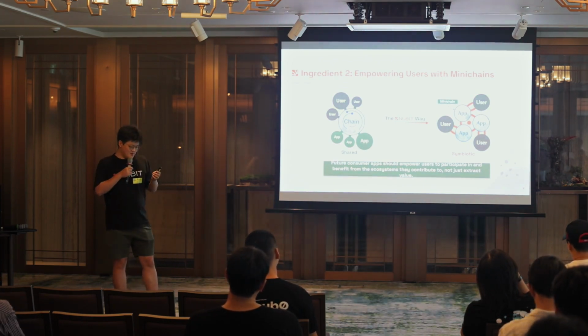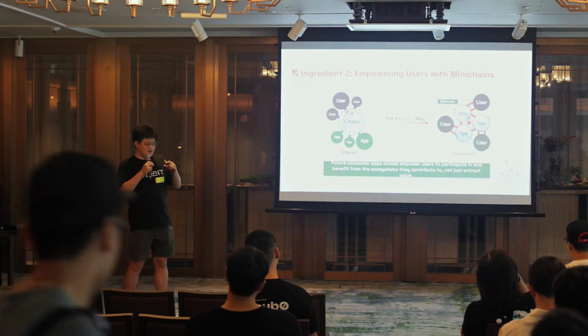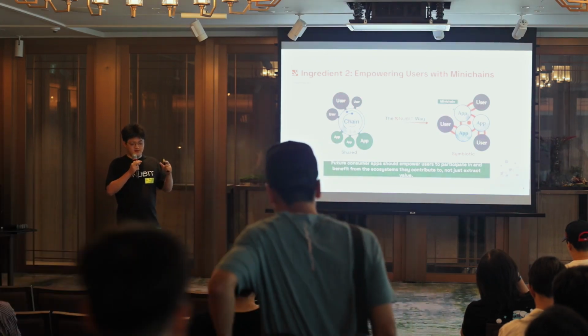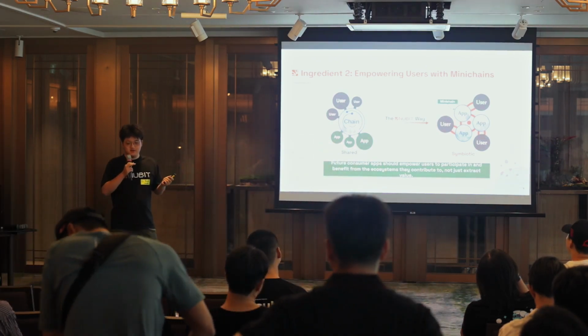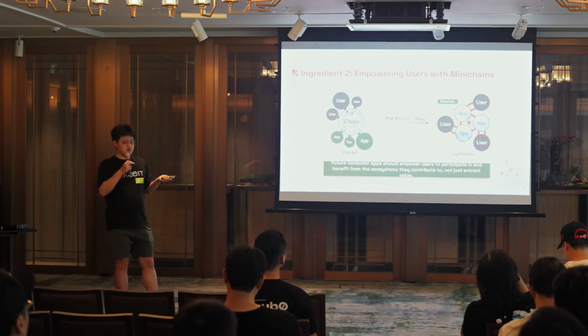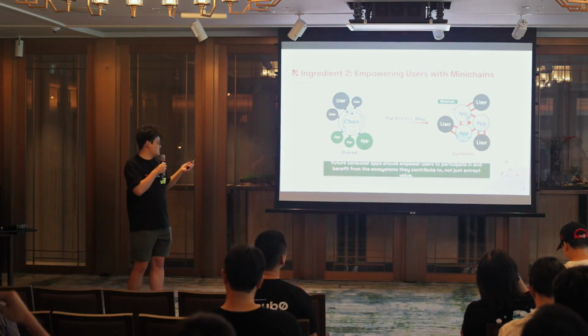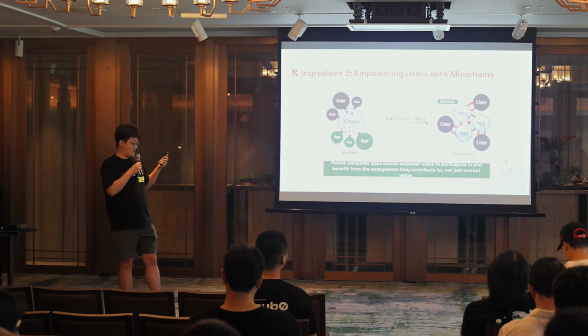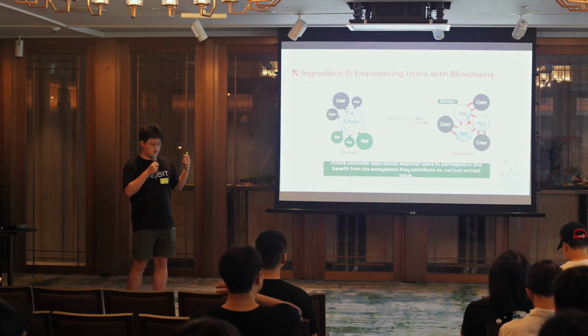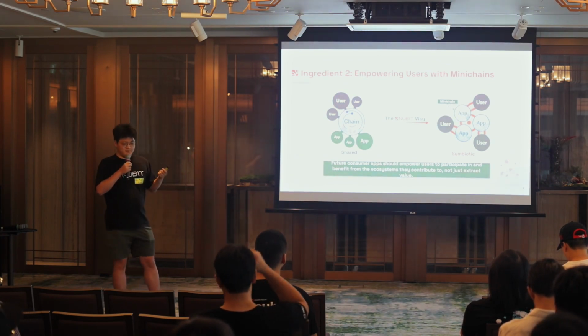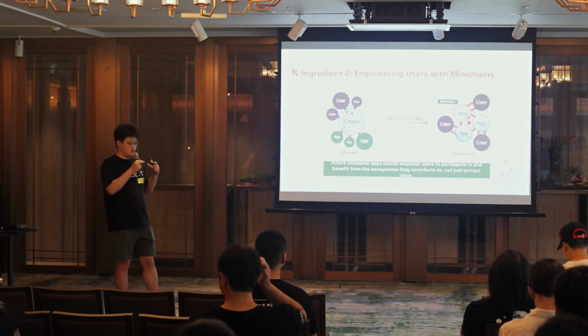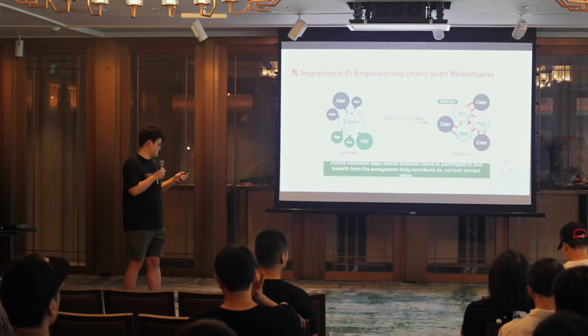For example, the requirements for AI agents should be very different from those for trading bots, right? So at Nubit, we want to help developers launch their own mini chain tailored to their own needs, so the developers can become their own landlords and directly benefit from their user base.